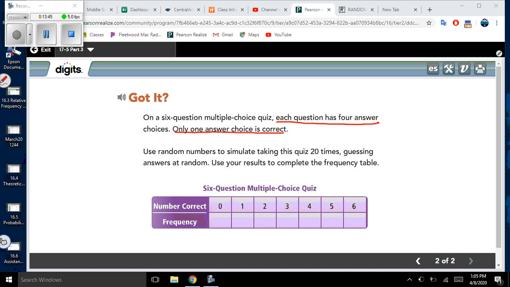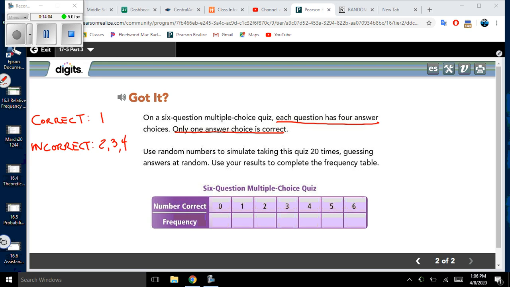So this should tell you, hey, no matter what happens, I'm going to say the correct one is a 1, and the incorrect could be represented by the numbers 2, 3, and 4.